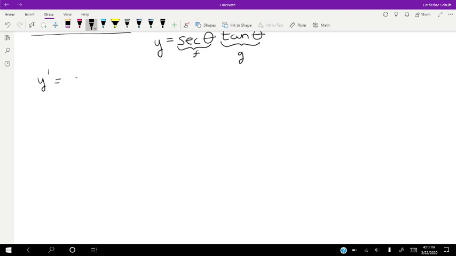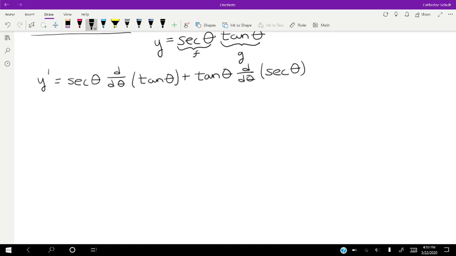Well, first we can take our first function times the derivative of the second, plus our second function times the derivative of the first. That's our product rule.